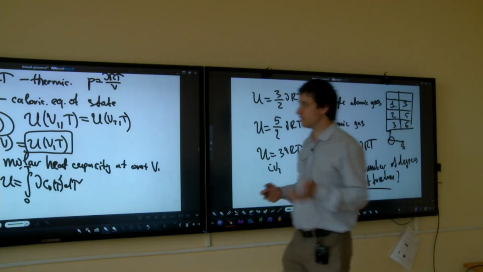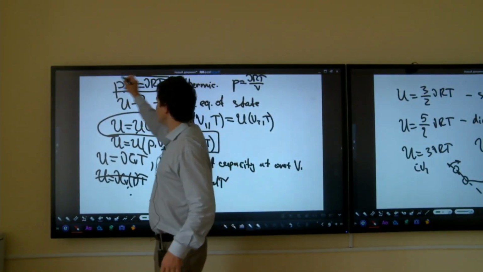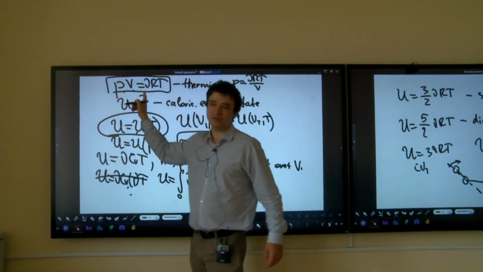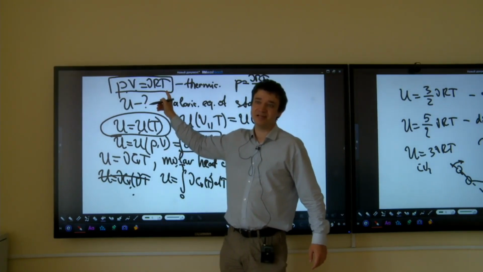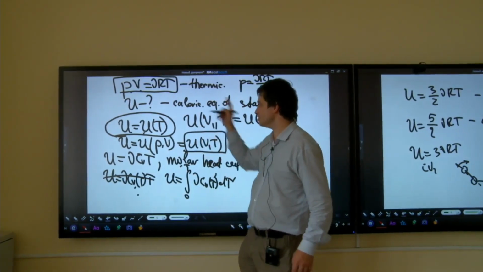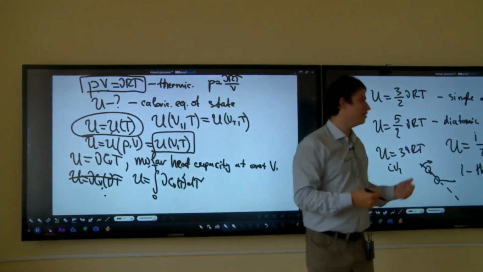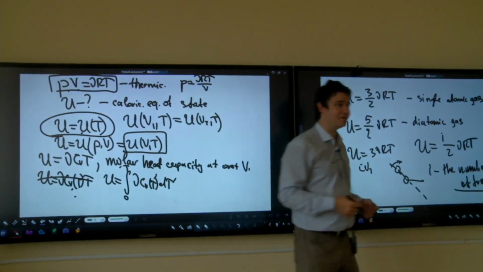But as I will show further, when you restrict your thermic equation of state to this, from this I can derive that the internal energy is independent of volume. But I cannot derive how the function depends on temperature.